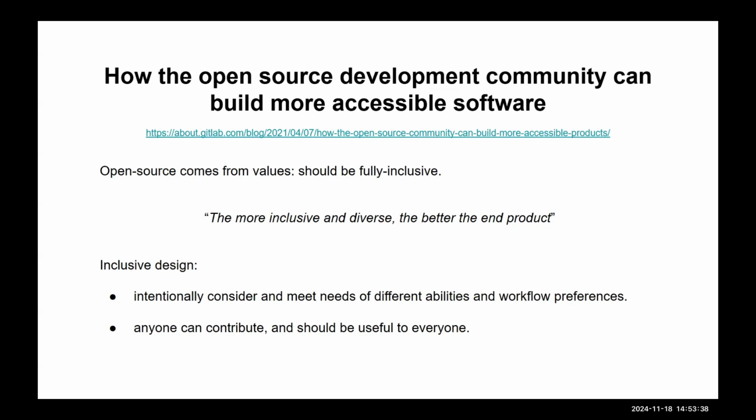We always think in terms of the me person or the me user, or the team that's right in front of us. We might have a core development team, and we think about those people. We don't think about people who might use it out in the open source community or out in the general public. So it's always good to have that perspective, but also be honest about it. Don't just think, well, it's useful to everyone because everyone in this room of software engineers can use it. So that's some words on inclusive design.